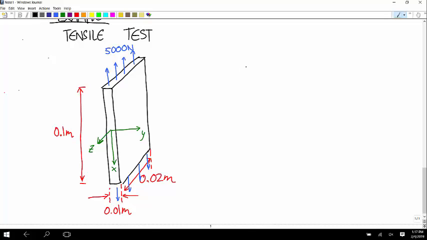And under this 5,000 newton tensile loading, the length, I'm going to call this L, and I'm going to call this W. L, is that going to get a little bigger or a little smaller? Bigger, yep. So that becomes 0.10, let's say 3 zeros and then a 3.